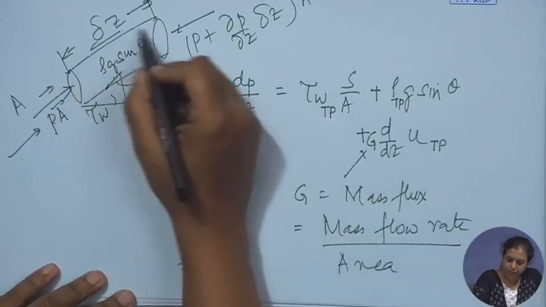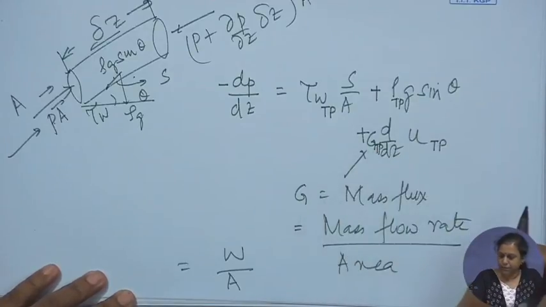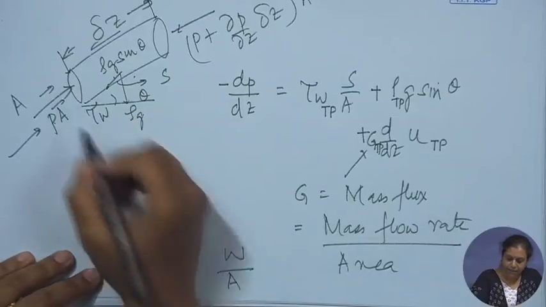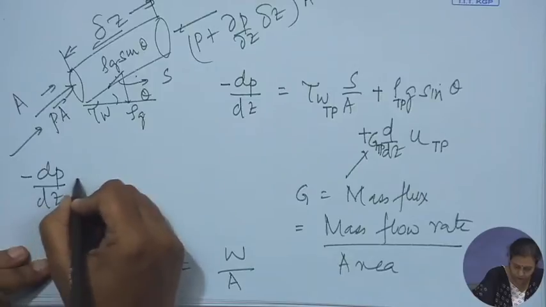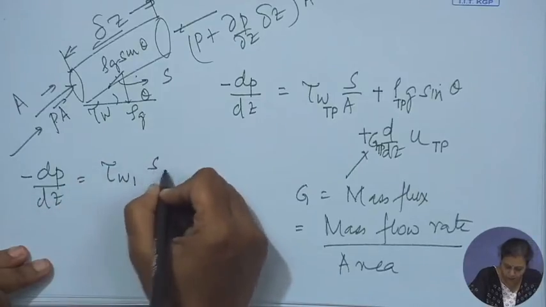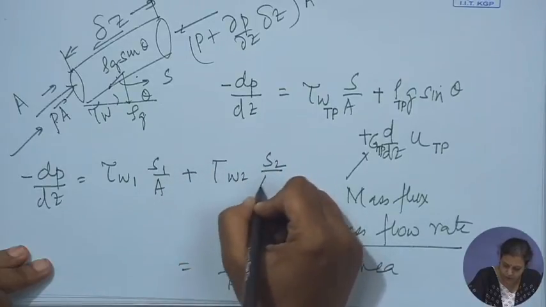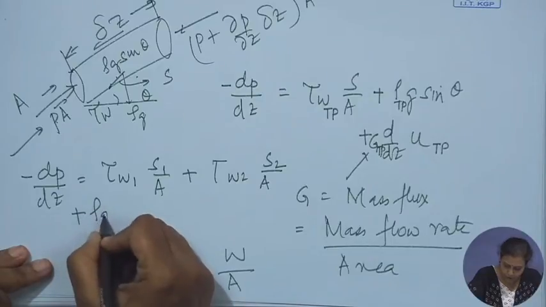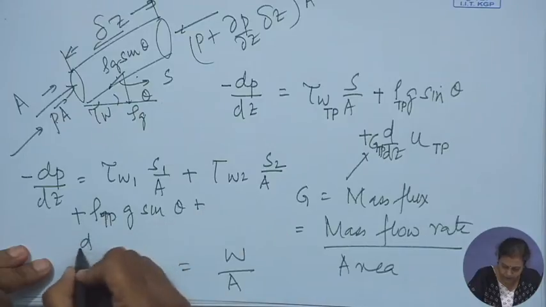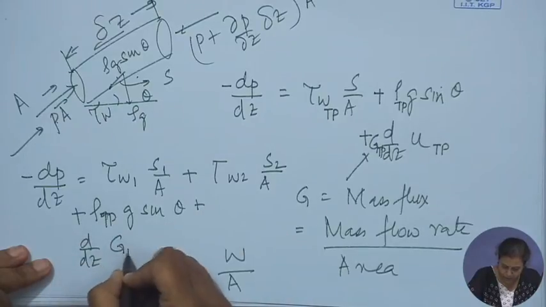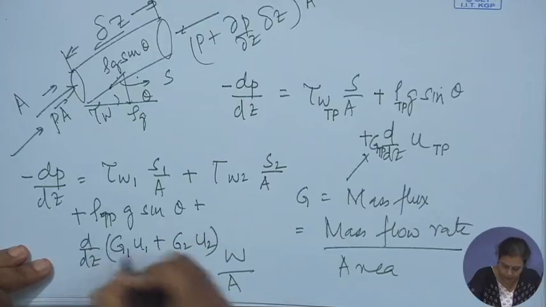If the two phases are completely mixed, then this equation is fine, we have a G TP here as well. And if they are separate, then the equation should become tau W1 S1 by A plus tau W2 S2 by A plus rho TP g sin theta plus d dz of, where one fluid is denoted by 1 and the other by 2, we get something of this sort.